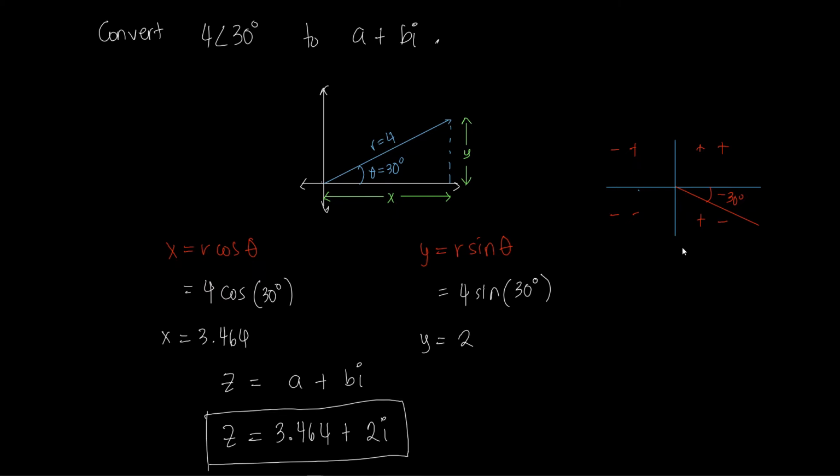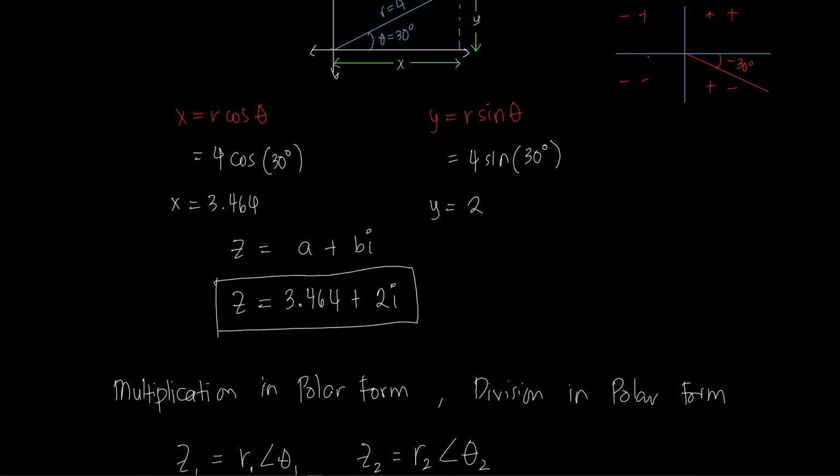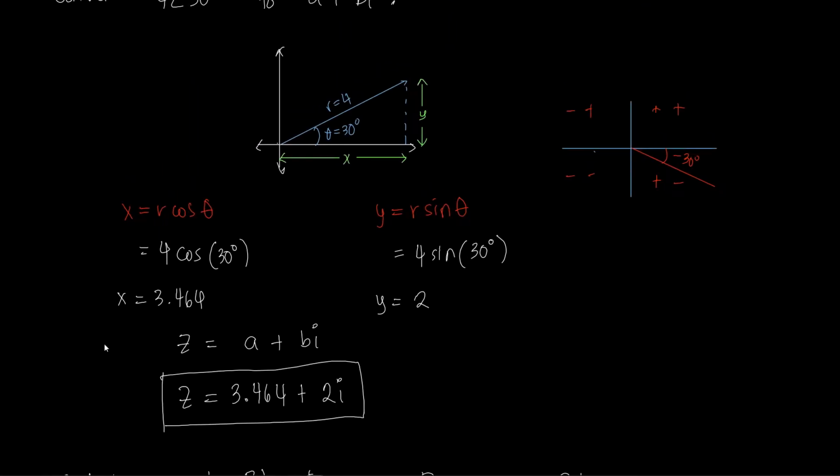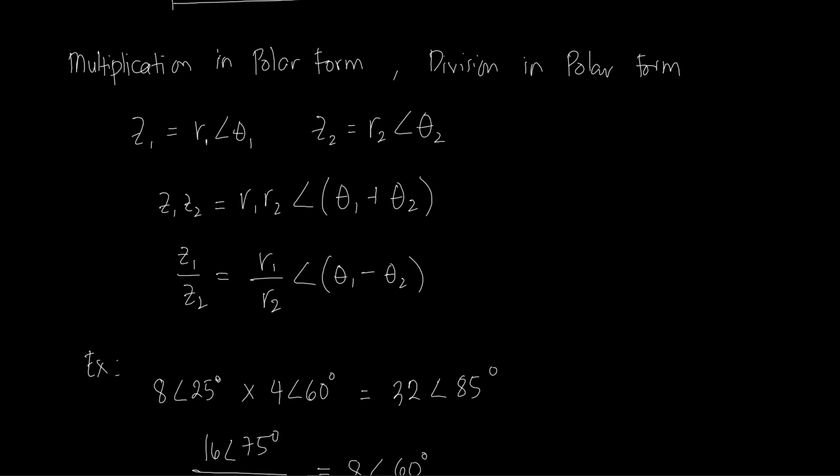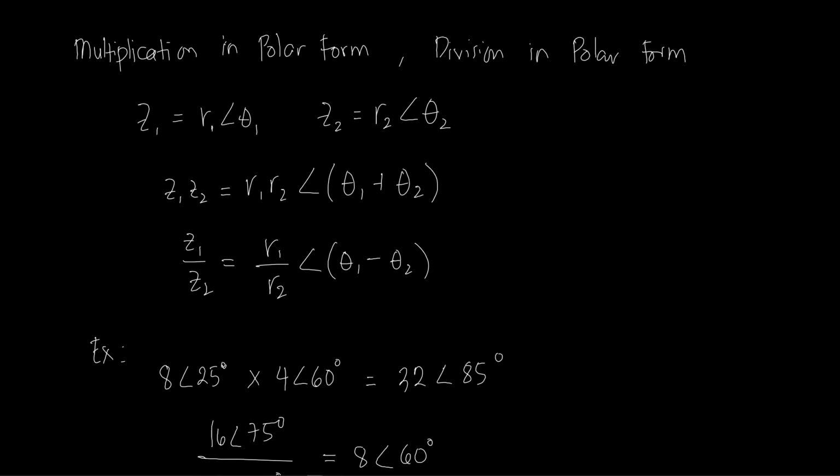We have formulas we can use to convert, for example x is equal to r cosine theta and y is equal to r sine theta. And we also discussed how to multiply and divide in polar form.